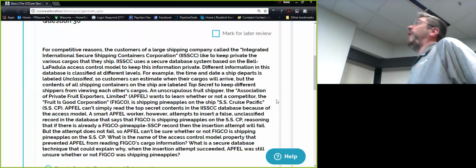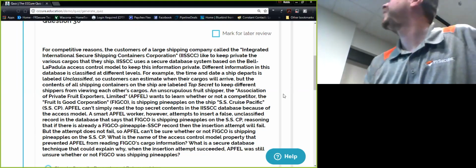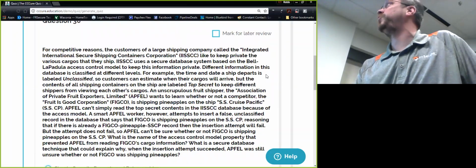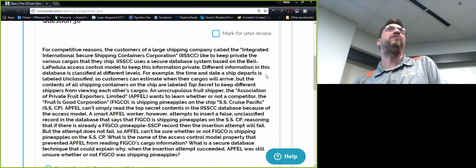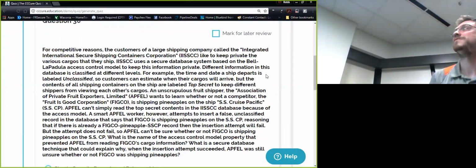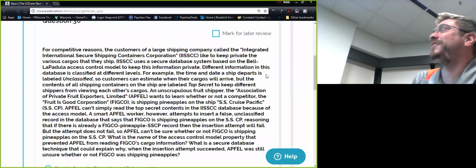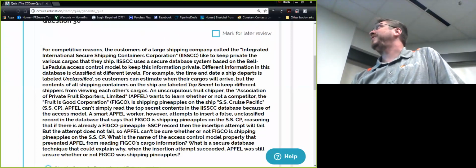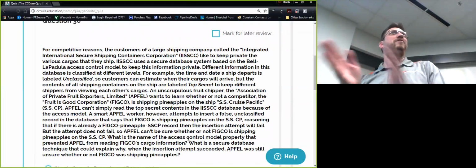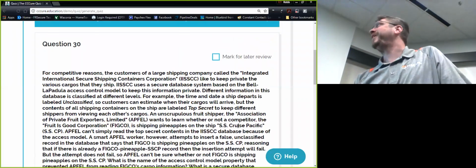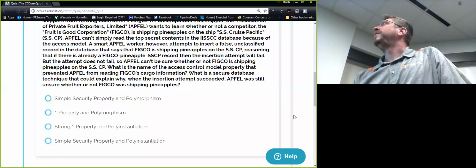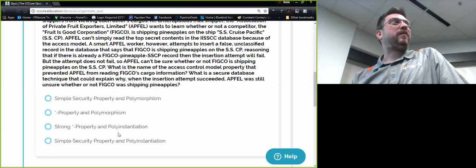Okay, wait, hold on. This is database, and there was one very similar to this in the test itself. You want to be able to tell that Apple can't be sure whether FedEx is shipping something at the same time, so it's database integrity. It's going to be polyinstantiation, right?